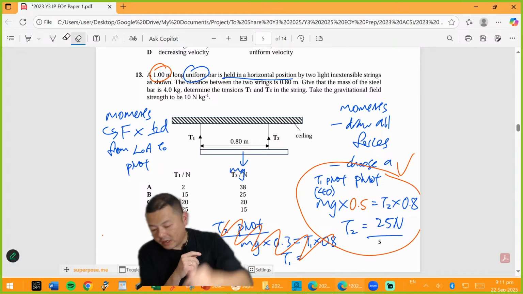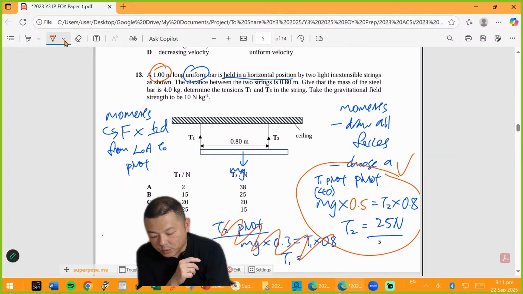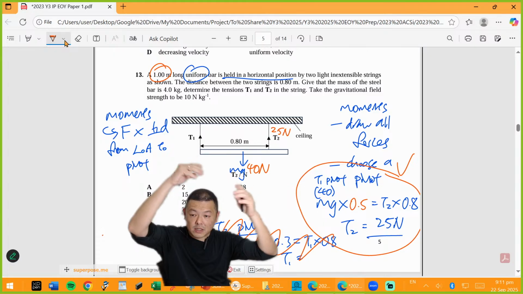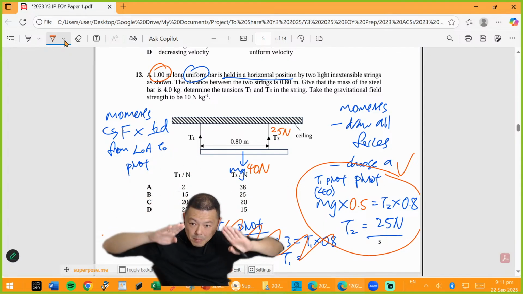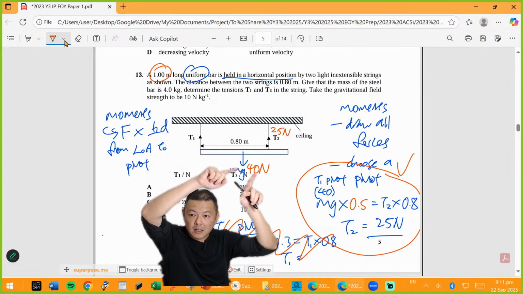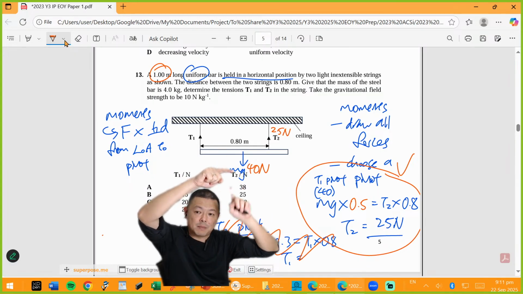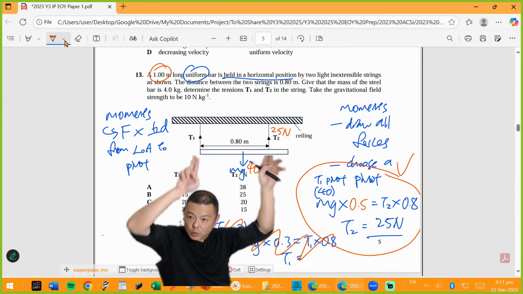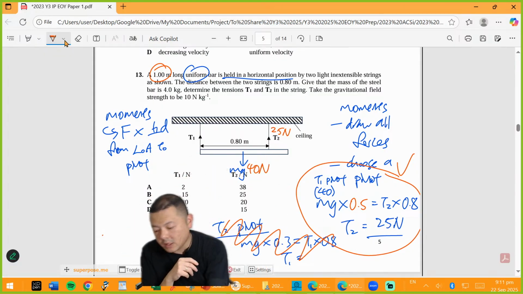You already found T2. T2 is 25 newtons, and mg was 40 newtons. The other thing that's in equilibrium is also the forces. All the downwards forces balance the upwards forces. So 40, which is pointing down, must be balanced by T2, which is pointing up, and T1 that's also pointing up. So it has to be 15 newtons.